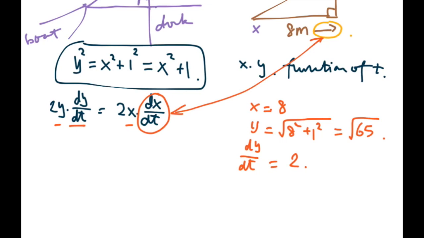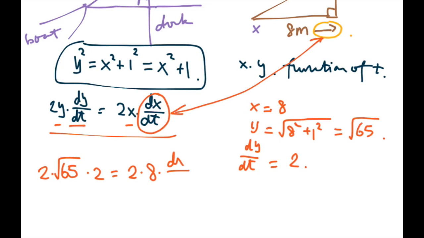Now we plug all the numbers into this equation. We have 2 times y, that is root 65, times dy over dt, that's this 2, equal to 2 times x, that is 8, times dx over dt.